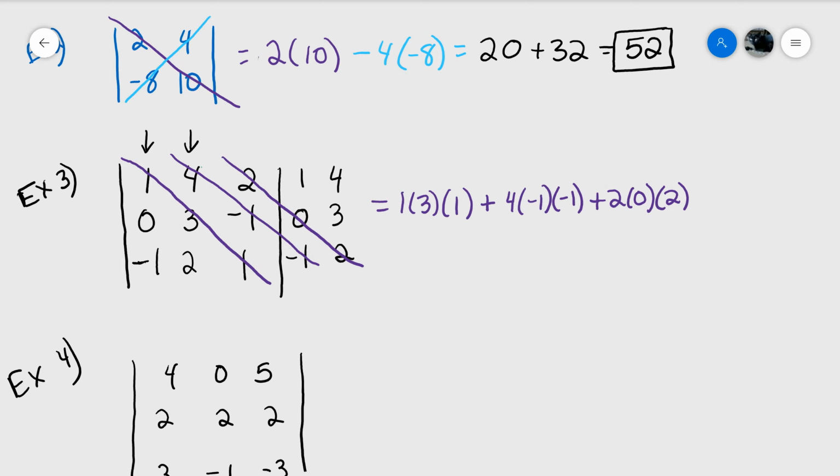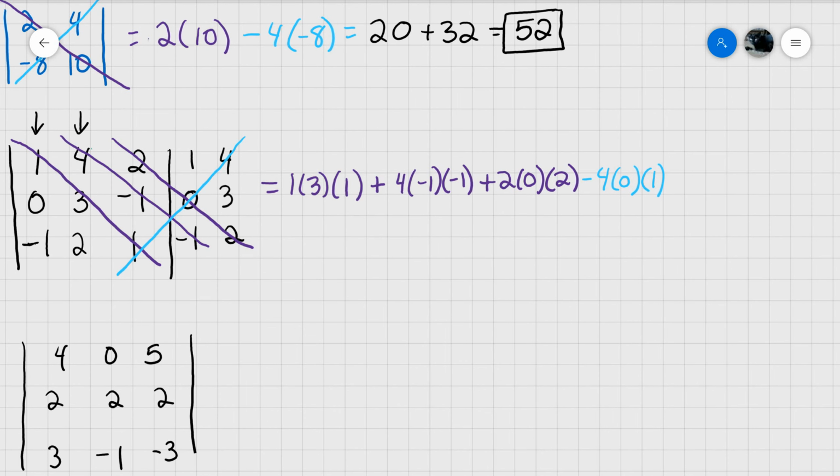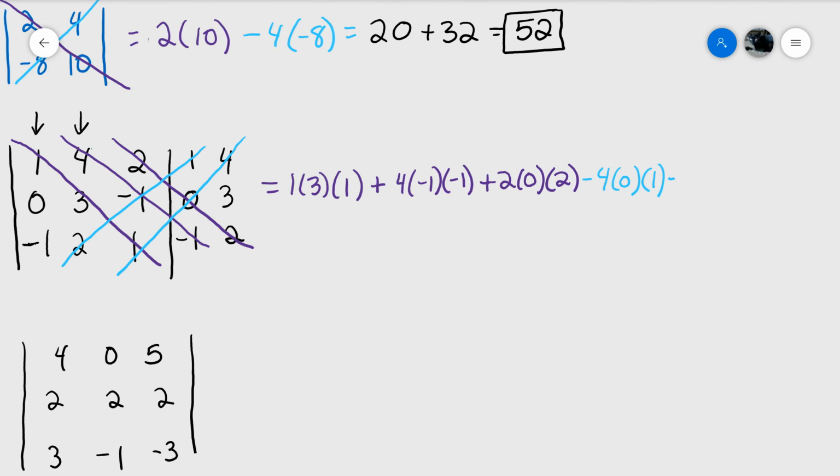So now I'm going to reverse direction because I've run out of diagonals that have 3 numbers on them. So now I'm going to start in the upper right at this 4 and then go backwards. But now I have to subtract each time. So minus 4 times 0 times 1. And again, minus because we're going backwards.